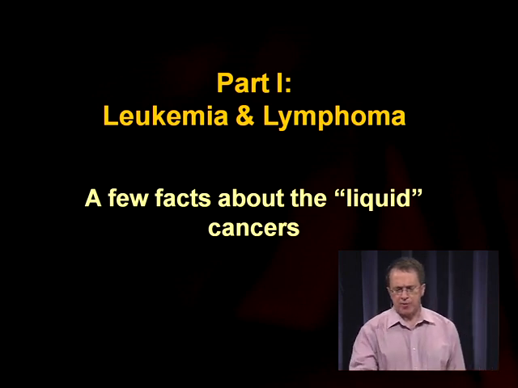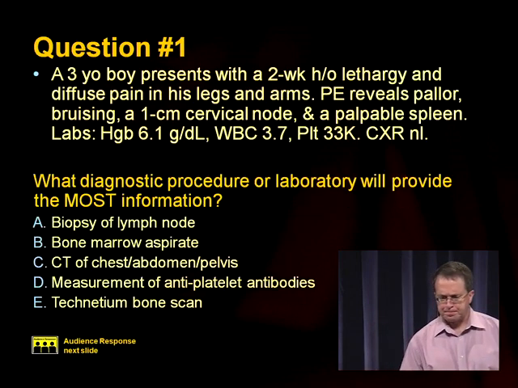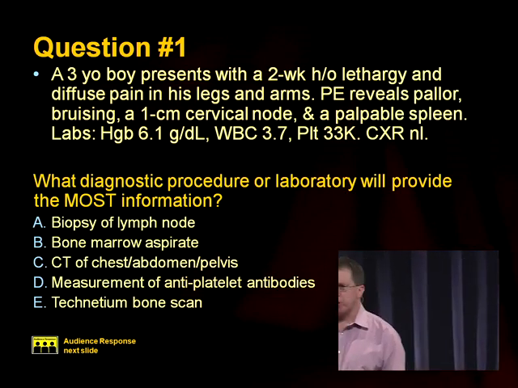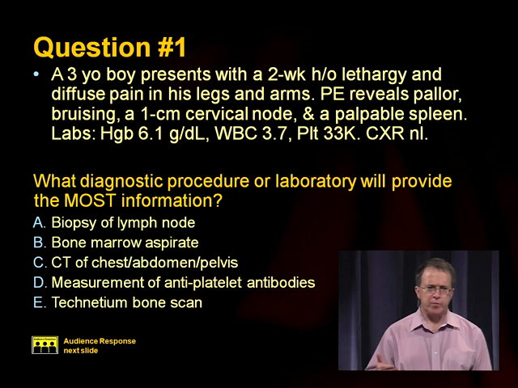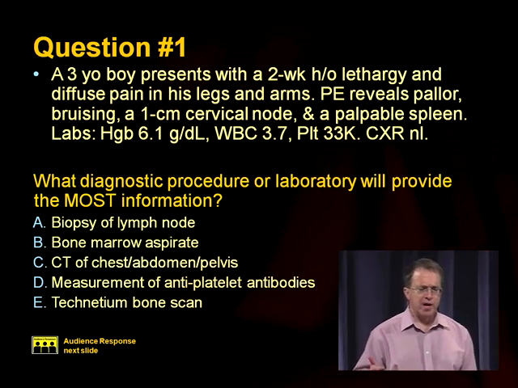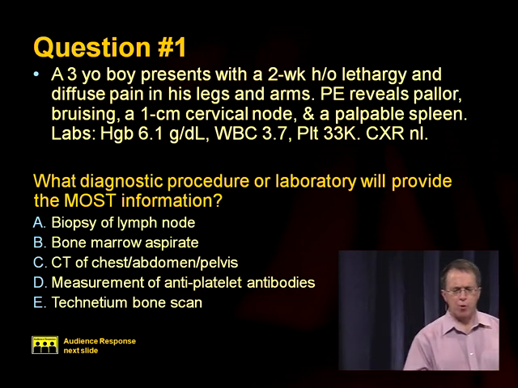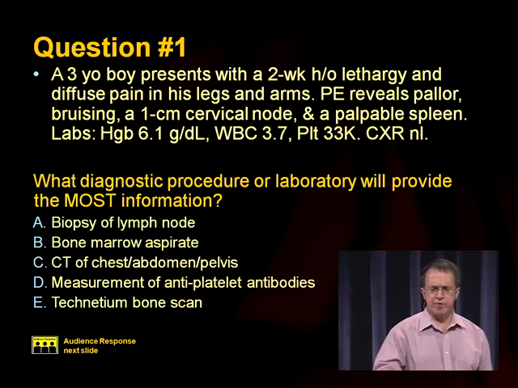So let's talk about the liquid cancers. The way I'm going to do this is I'm going to start with each little subunit with a question or two, and you guys will do the polling, and then we're going to go back and dissect the question. So this question is a 3-year-old boy who presents with a 2-week history of lethargy and diffuse pain in his legs and arms.